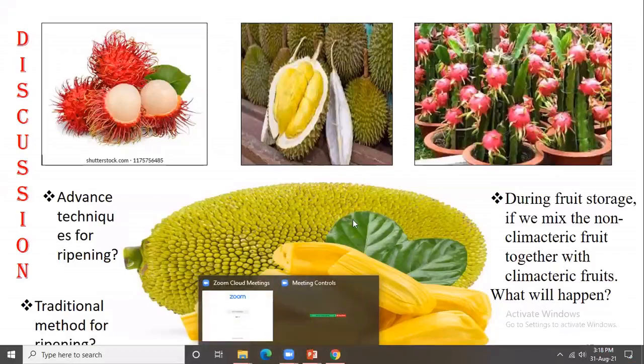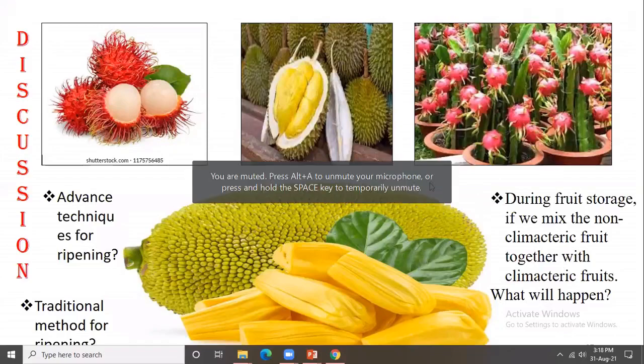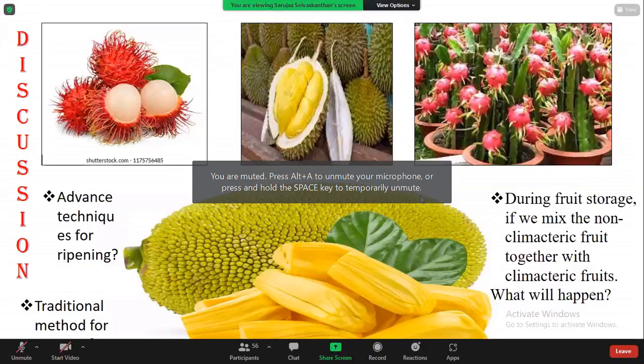Okay, one more thing to write here: how is heat produced from climatic products during the ripening period?